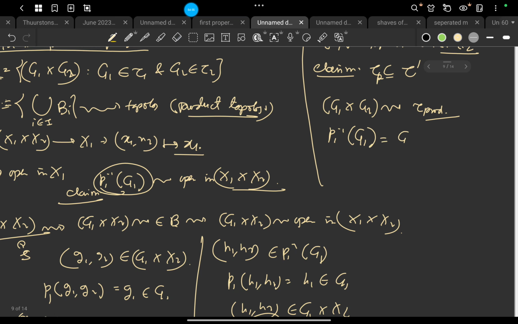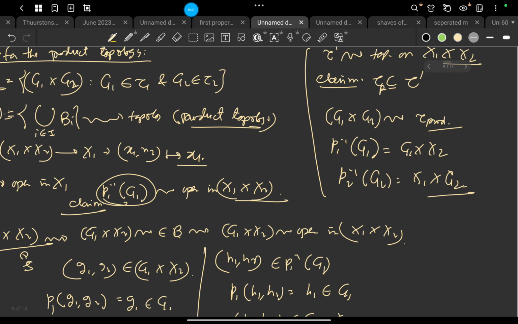P1 inverse of G1 is G1 cross X2, and P2 inverse of G2 is X1 cross G2. Now we have assumed that tau prime is another topology on X1 cross X2 such that each of P1 and P2 is continuous. So P1 inverse of G1 and P2 inverse of G2 have to be open under tau prime.